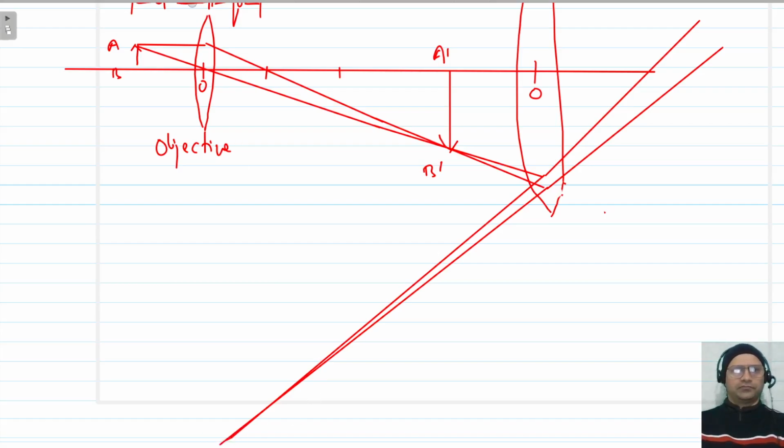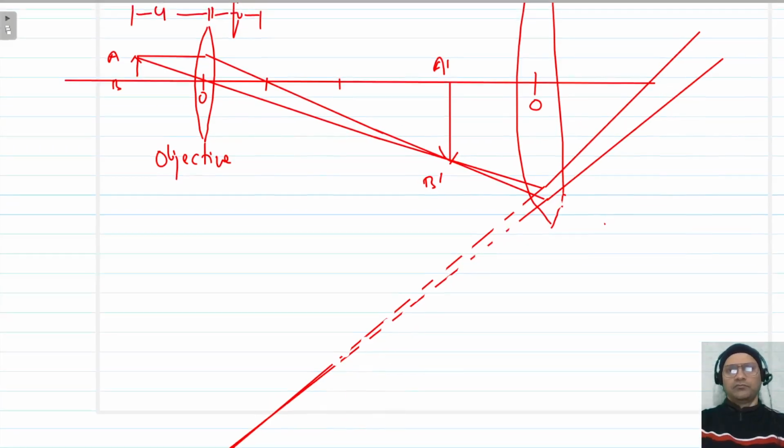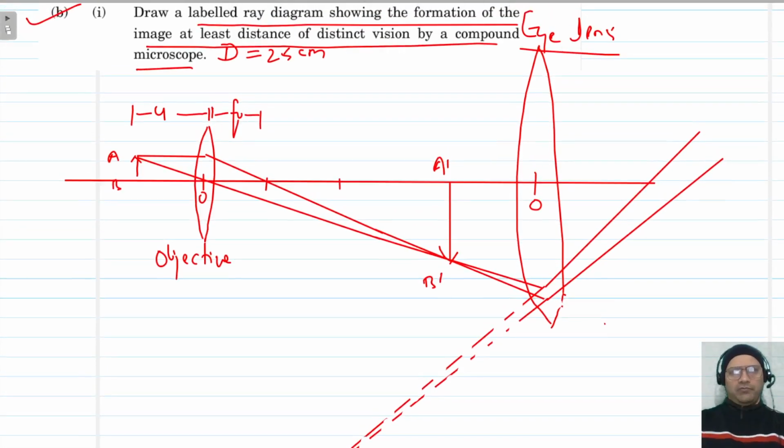और आप व्यू करोगे इमेज को यहां से. This is the human eye from where you are going to view the object.